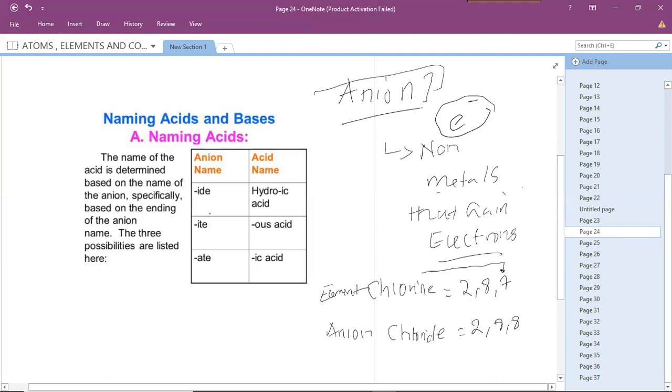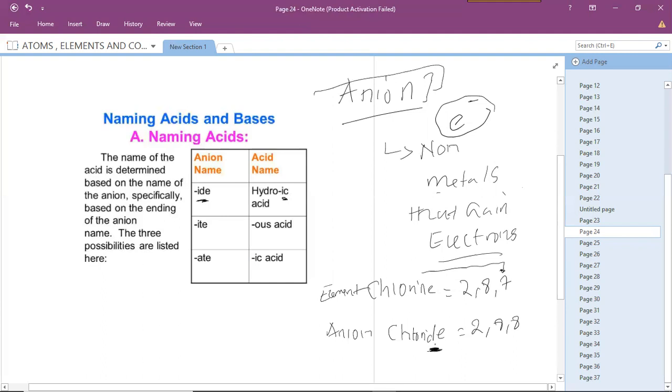So if your anion ends with IDE, the acid name will be called hydro-ic acid. If the anion ends with IDE, the acid will end in ic acid. A good example of an anion that ends in IDE is chloride.